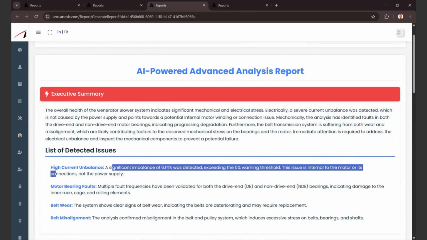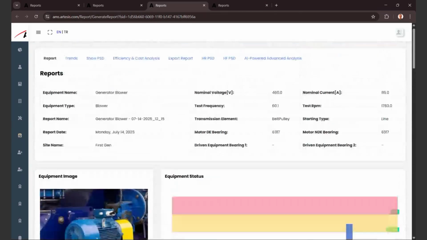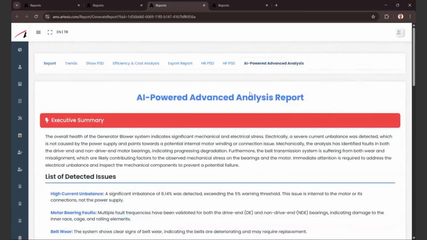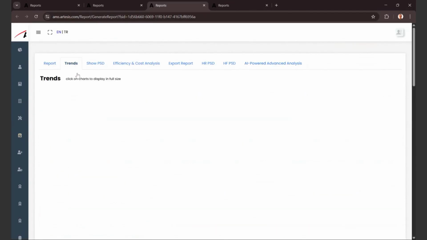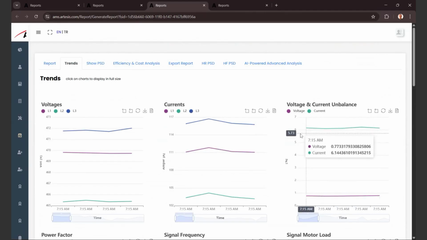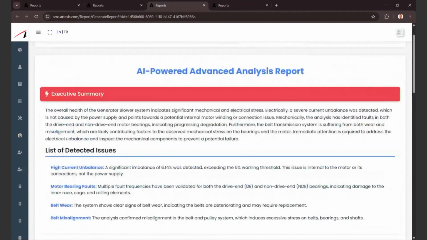We already have seen that over here, so which is correct. And you might notice a slight difference. It says 6.11, but here it says 6.14. Actually, the reason for that is it takes the average of the 7-minute snapshot. So it's not just showing you the most recent data, but it's looking at the whole trend during the test period. So that's the reason for that discrepancy.